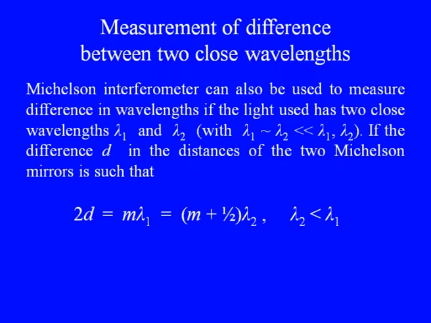If the difference d in the distances of the two Michelson's mirrors is such that 2d is equal to an integer times lambda 1, but is equal to m plus half times lambda 2. See, I have assumed lambda 2 being smaller than lambda 1. So, for lambda 1 it is an integer multiple, for lambda 2 it is an integer plus half multiple.